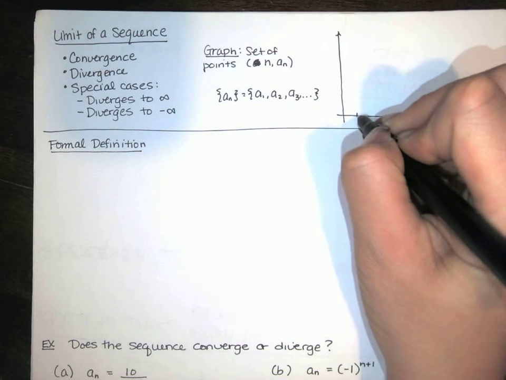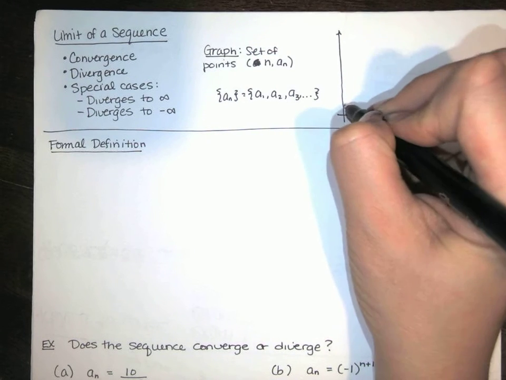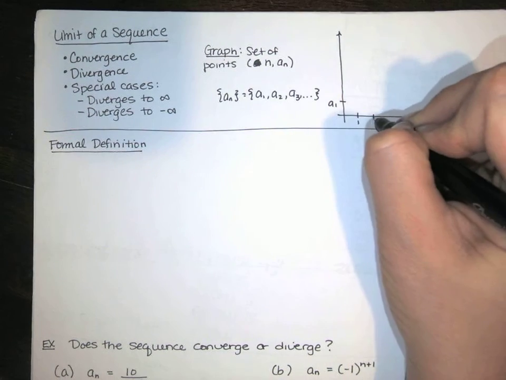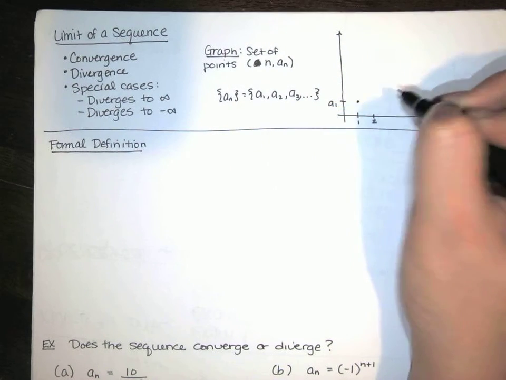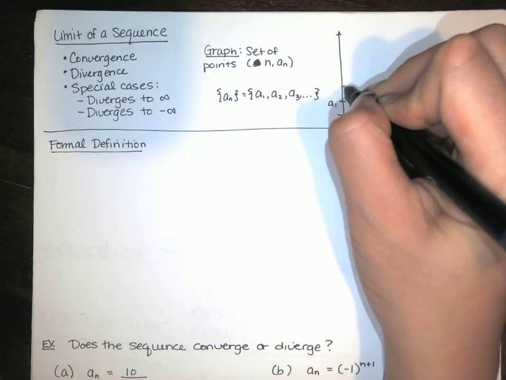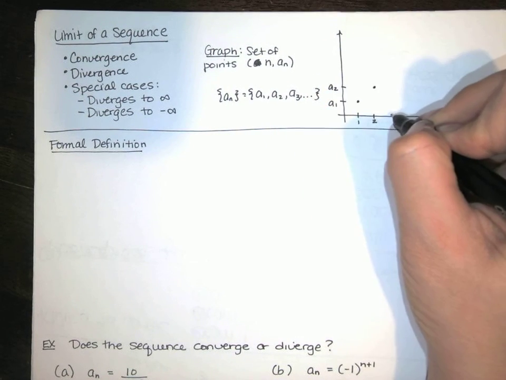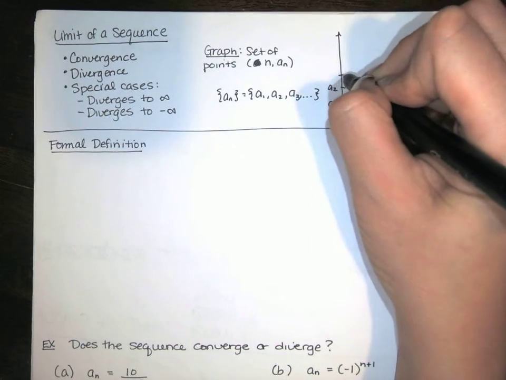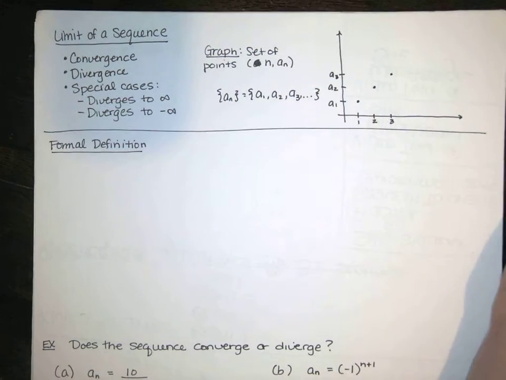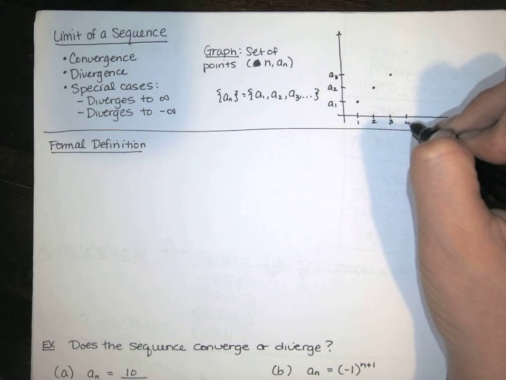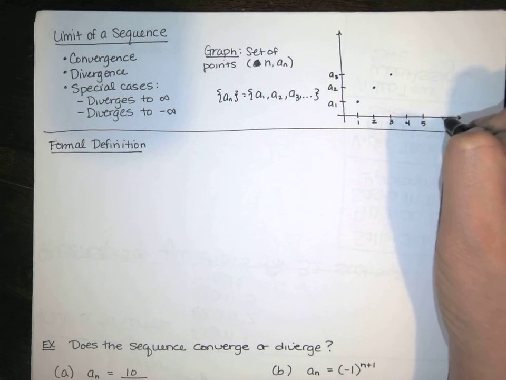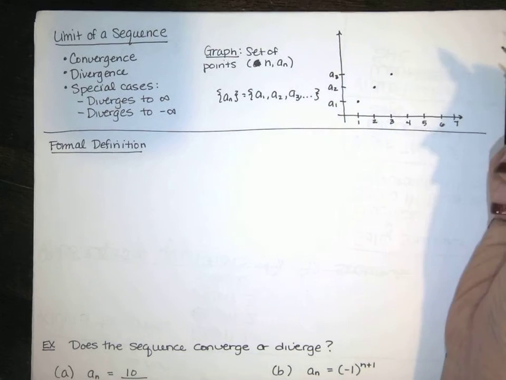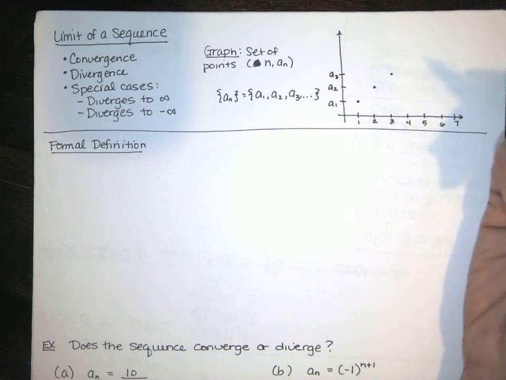So at n equals 1, you might have a sub 1 is here. And at n equals 2, it might be the case that a sub 2 is there. And when n equals 3, it might be the case that a sub 3 is there. And so on. Now, it might happen that after a little while, all of those values start to approach a line.